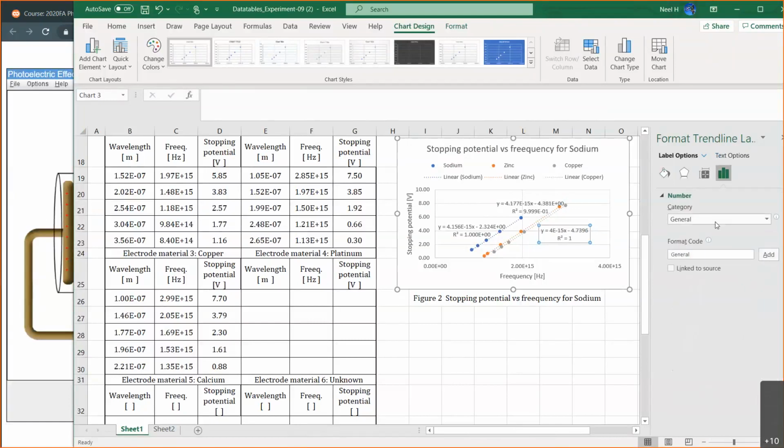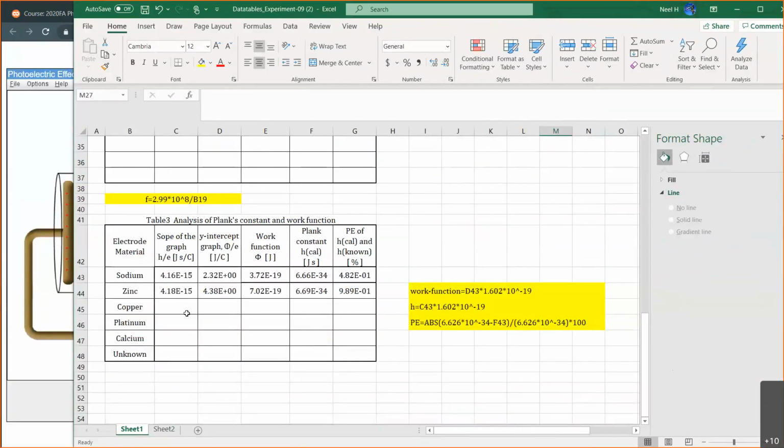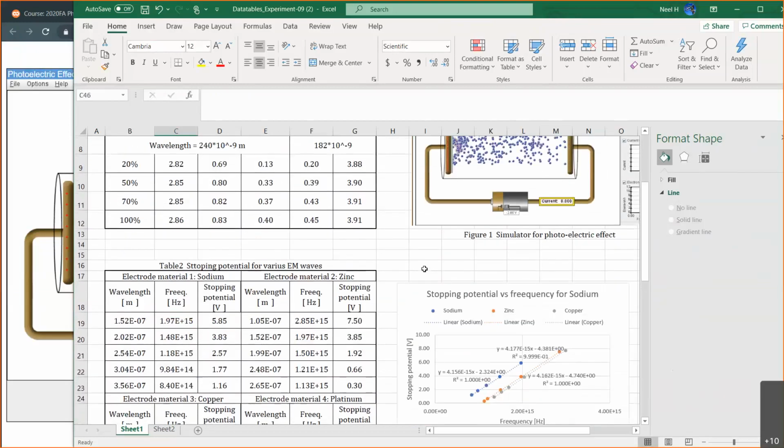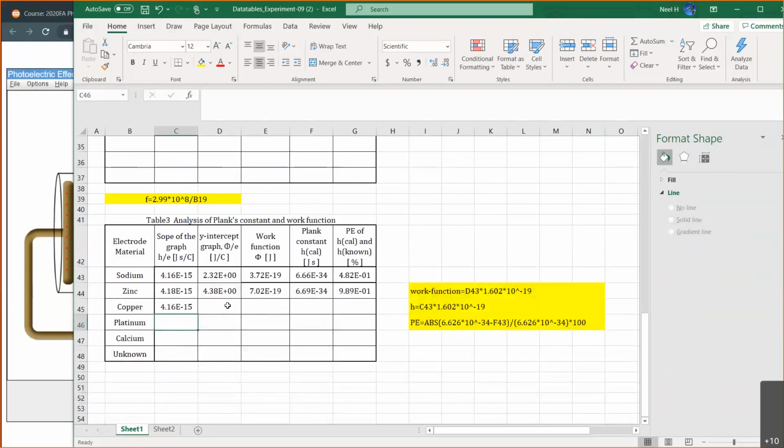Double click. Let's change that category into scientific with 3 decimal places. All right, so the slope is 4.162 times 10 to the power minus 15, and the intercept is about 4.740.